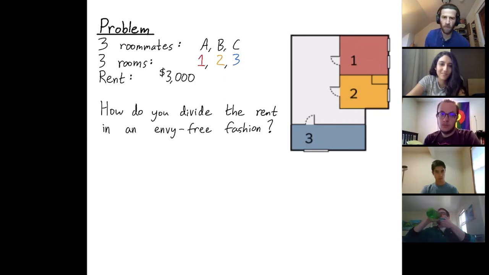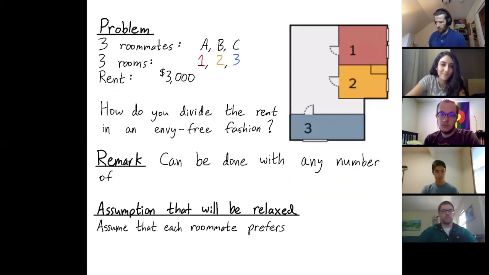Questions on the problem? All right, so the remark is that this can be solved for any number of rooms and roommates. And an assumption that will later be relaxed will be the following.